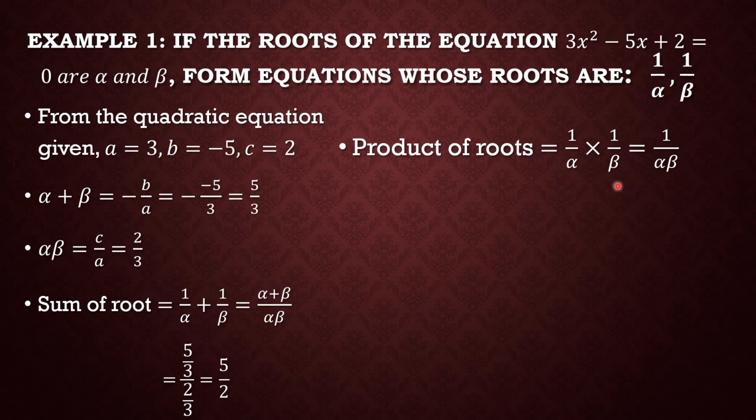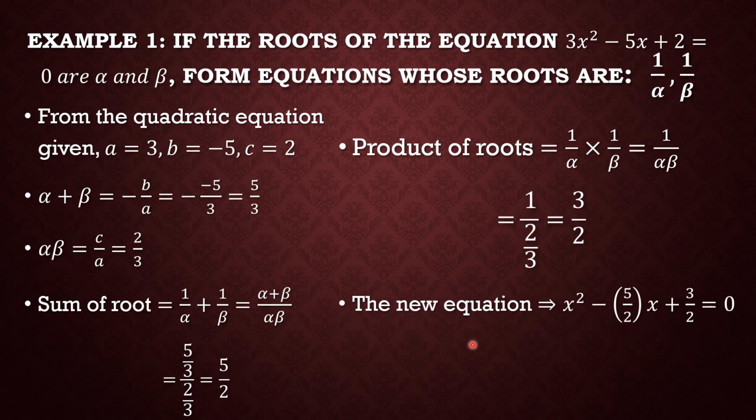I hope you are understanding this concept. And it will be equal to 1 divided by alpha times beta. It is multiplication of fractions. So remember, the old quadratic equation has a product of root of 2/3, and we substitute it at this section, and we end up with 1 over 2/3, giving us 3/2.